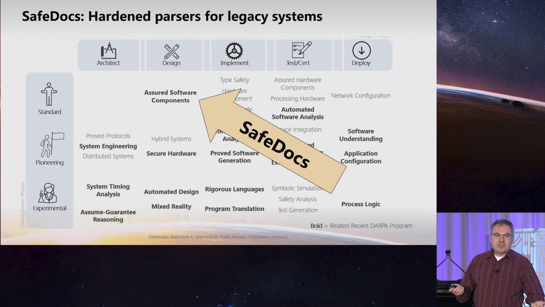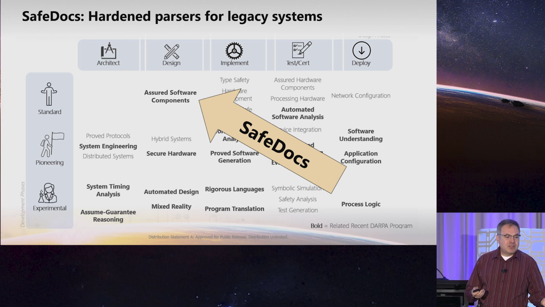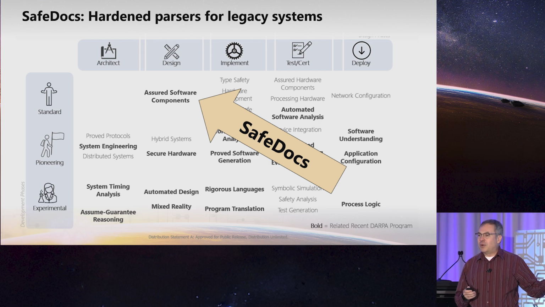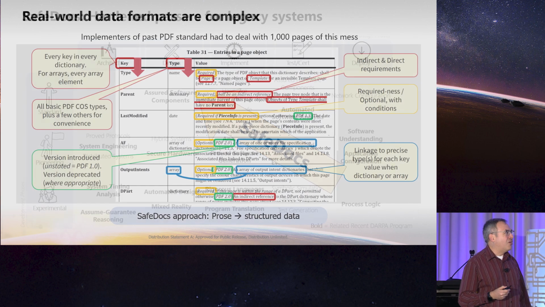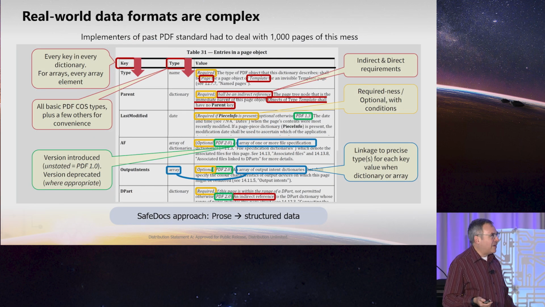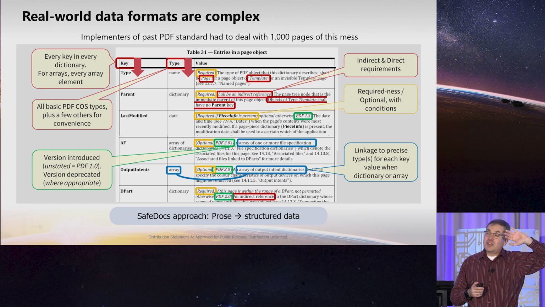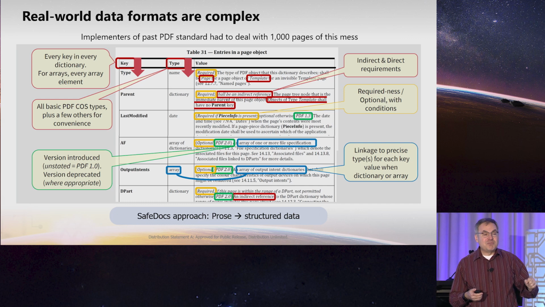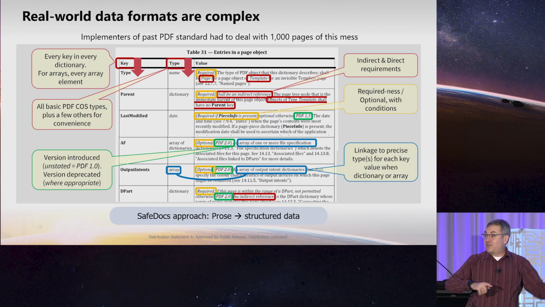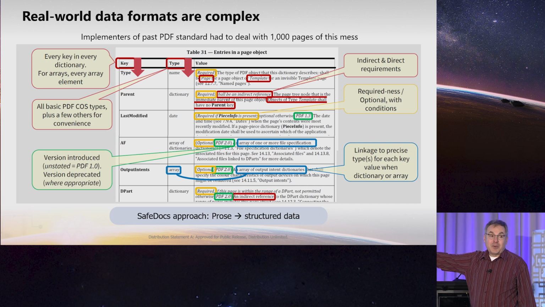So for the rest of my time, I'm going to be telling you about SafeDocs, which fits here into Matt Wilding's taxonomy. SafeDocs was a DARPA program that tried to solve this general purpose problem of: I give you a spec, and my spec is stupendously complicated with non-local issues, where something up here in the table of contents affects what happens way down there far away.